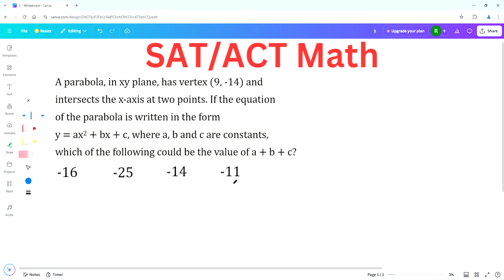The first step is to analyze the given information about the parabola. As per the problem, the vertex of the parabola is at (9, -14). We can sketch this information on an xy plane.